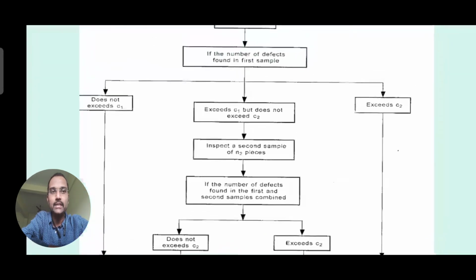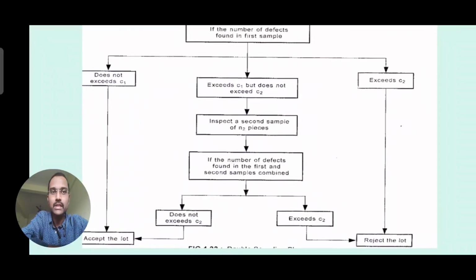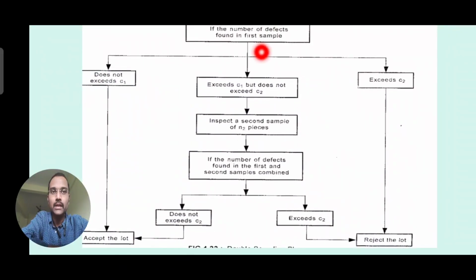Now in the other case, you see the center line here: if the number of defectives found in the first sample exceeds C1 but does not exceed C2, it means instead of 1 you got 2 defectives in the first sample, then what you have to do is hold the procedure.